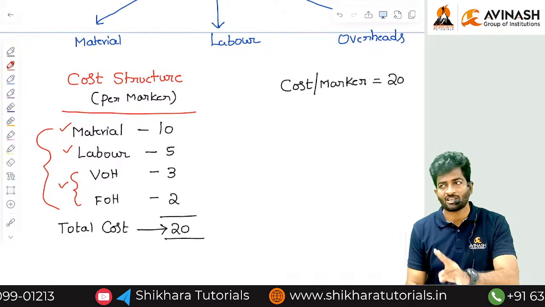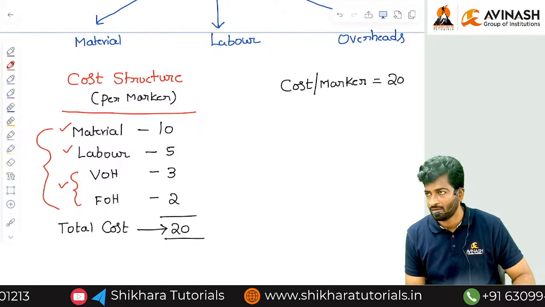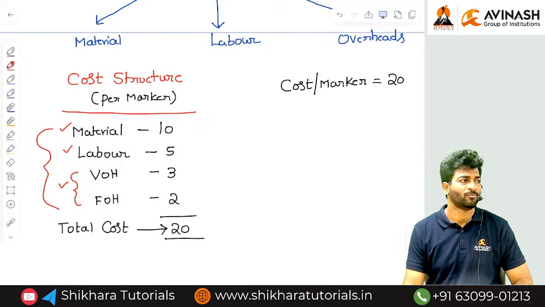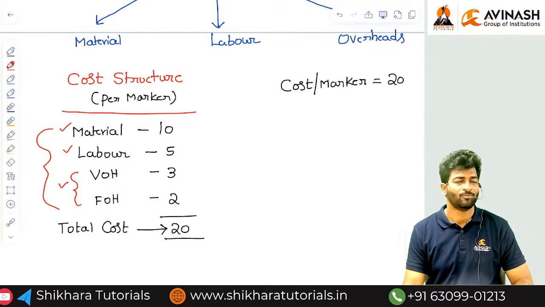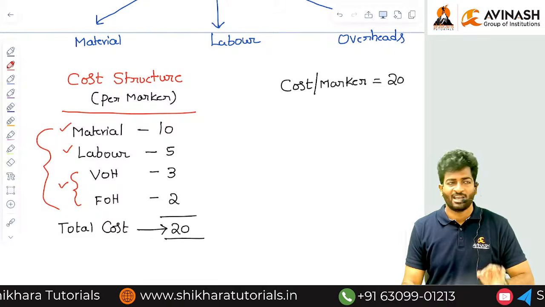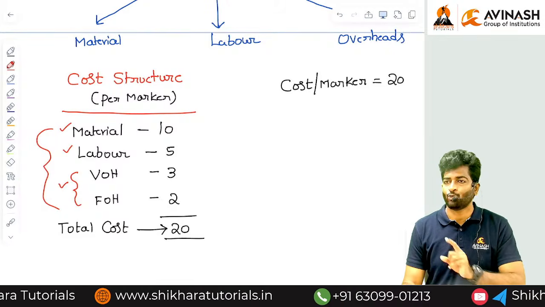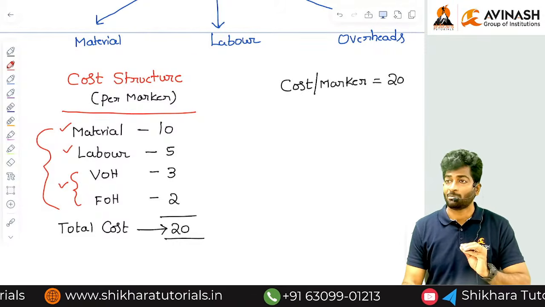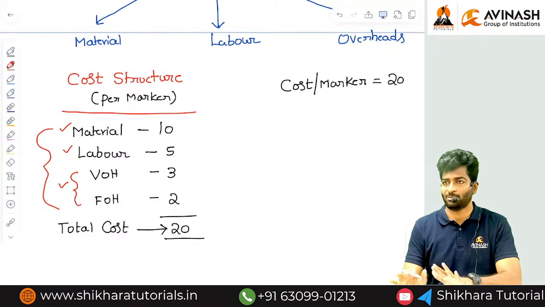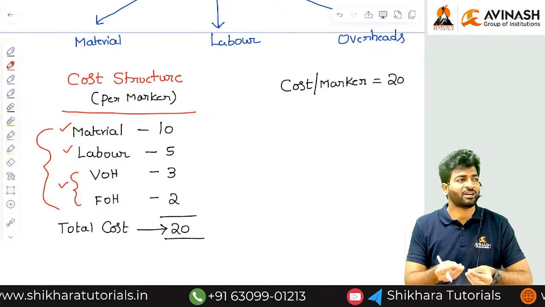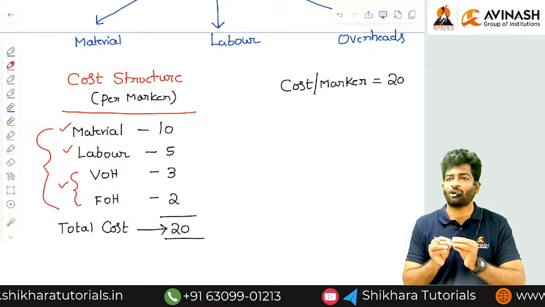At the same time, I ask you what is capital structure, right? Tell me what is capital structure. Same logic. XYZ Limited raised 1 crore capital. If I ask you the bifurcation of that 1 crore, it's nothing but the different types of sources from where you have raised that 1 crore.